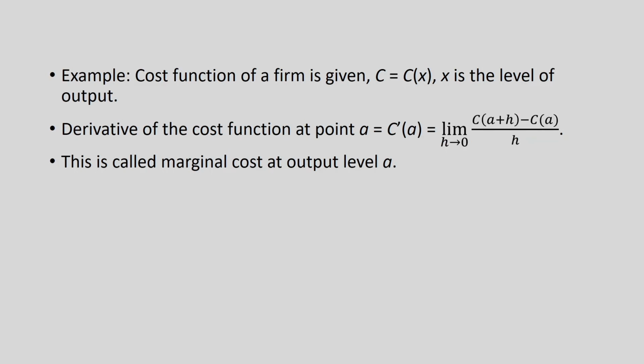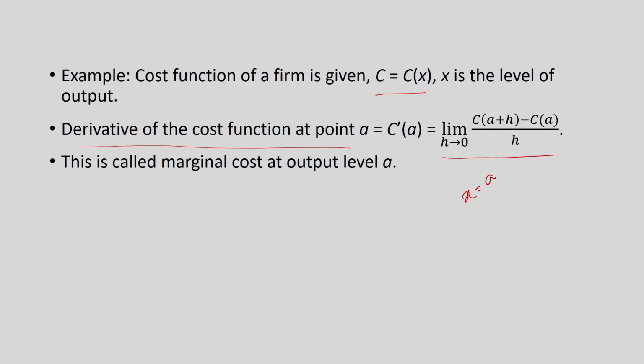Okay, another example is here, cost function. Okay, we have already talked about this in a particular context. So, the cost function of a firm is given by C is equal to C of x, x is the level of output. Now, we can take the derivative of this function and evaluate this at a particular point, right, at a point suppose x is equal to a, and then this becomes C prime of a, and this is the definition of that.